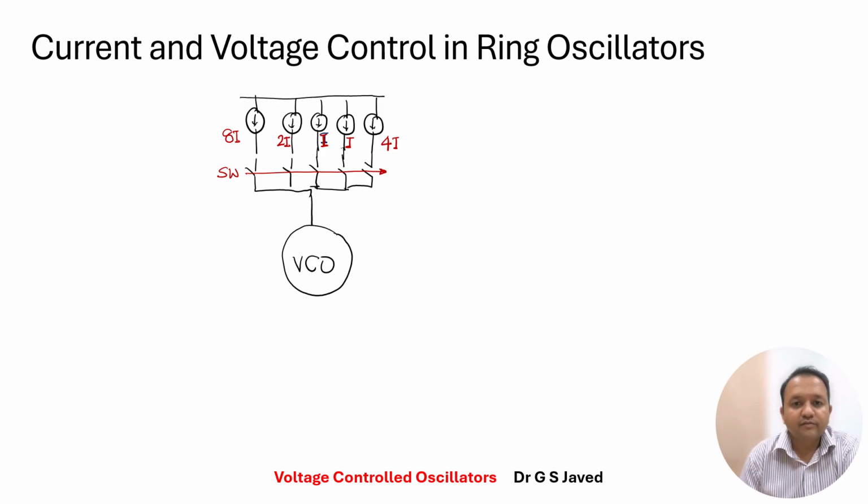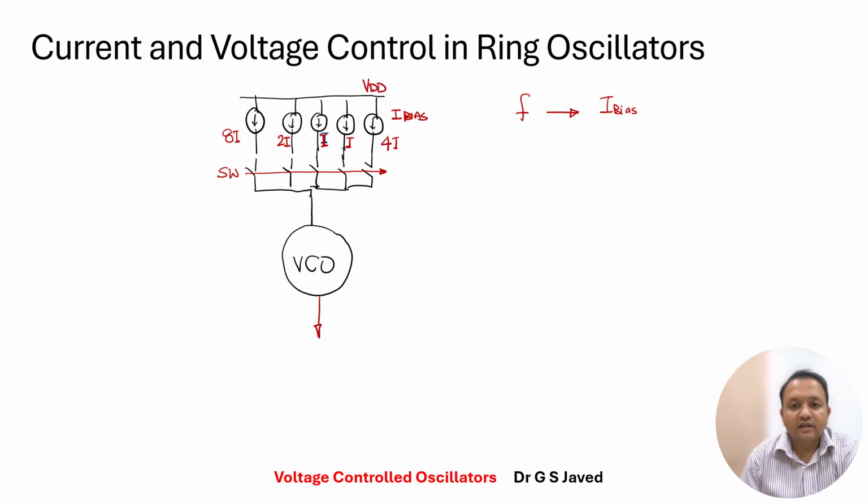We know that in a VCO operated with a ring oscillator, there are two factors. One, the frequency output of the VCO is directly proportional to the bias current through the inverters.